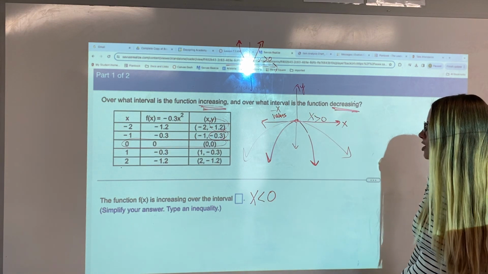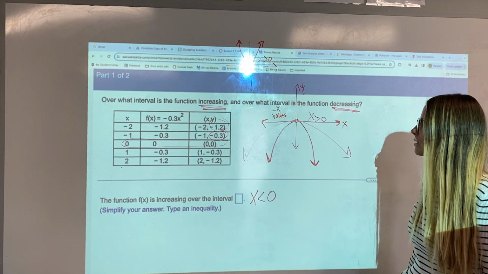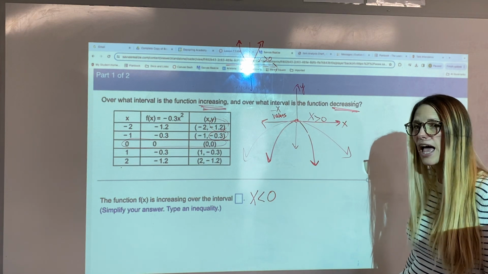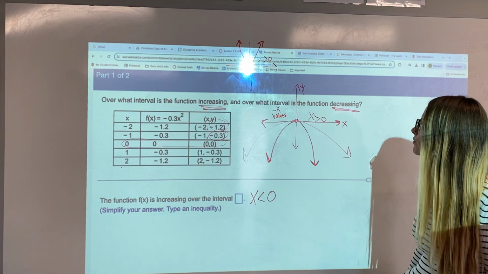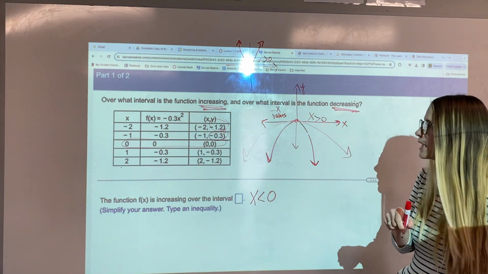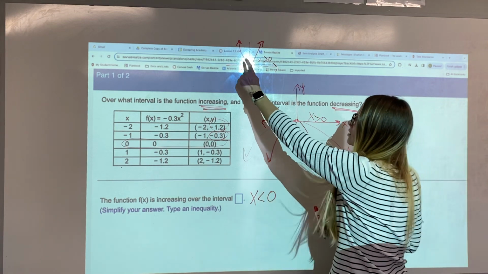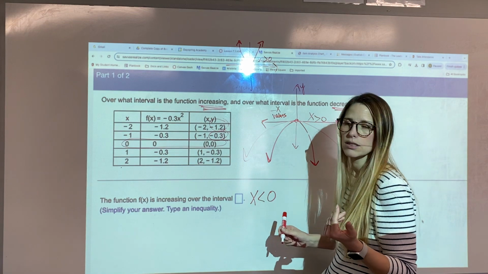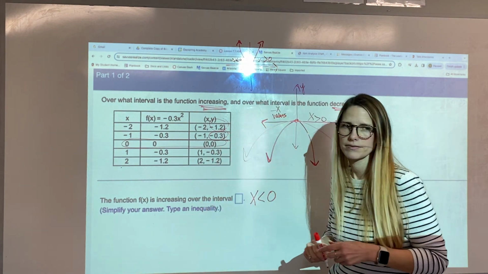Your explanation would be something like, the function is decreasing for the negative values of x, which we would represent as x is less than 0. Now, when it's asking you when is it decreasing, yours is decreasing on this side, so what inequality would you use? X is greater than 0. Yep, just swap it.